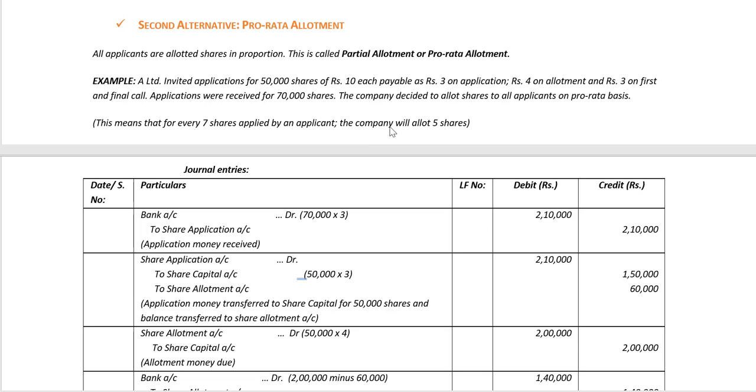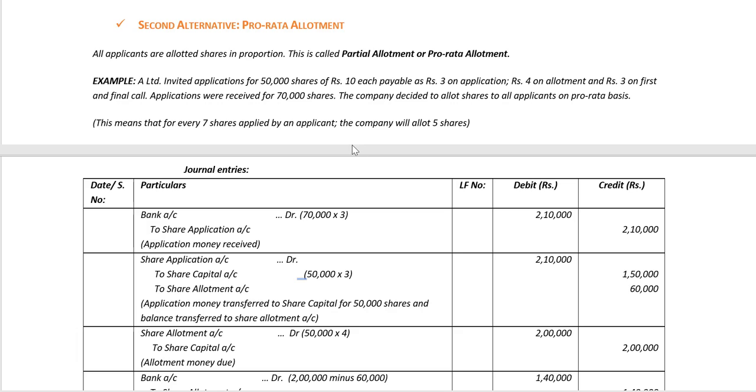So in case you are asked which option of oversubscription stresses on equality, then we need to write pro-rata allotment or partial allotment as the answer, because every applicant of shares will get some shares allotted, albeit less than the number of shares applied by that applicant.